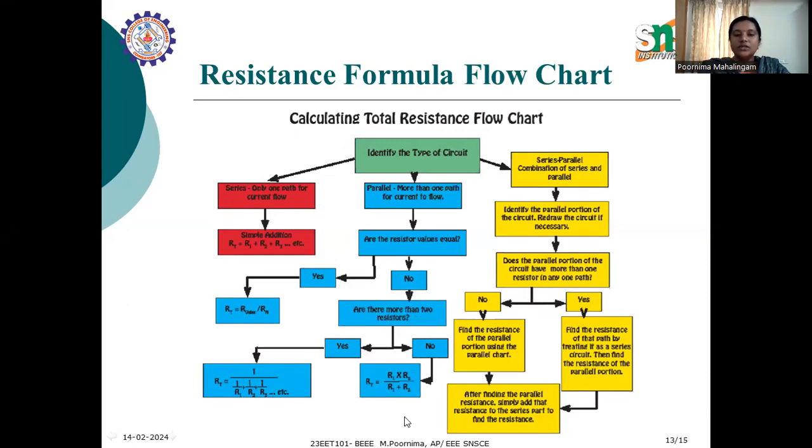If it is 2 resistors, we go for the two-resistor formula. And the third type is if it has both series and parallel: first we identify the parallel position and sort that out, and then we move to the series combination. This is the complete flowchart of the resistance formula.